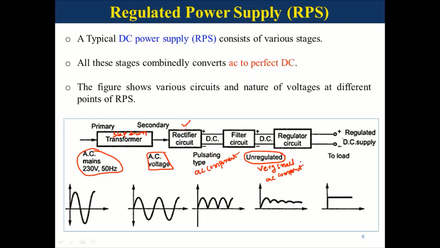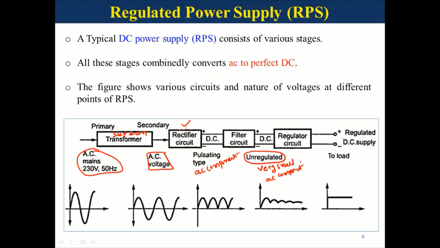So the output of the filter is given to the regulator. This regulator circuit, irrespective of the AC component, produces a constant output voltage, and hence the output is close to perfect DC.